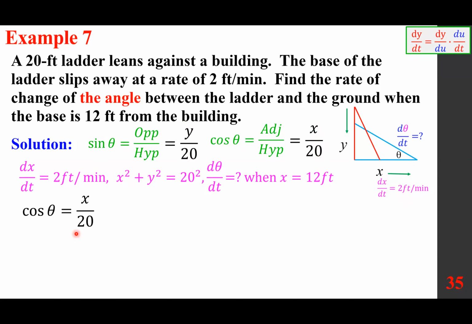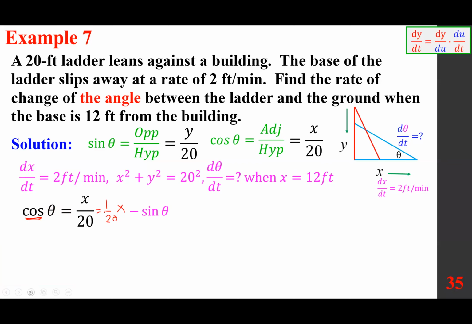And to make sure we understand what's going on, I'm going to rewrite this as 1 over 20 times x, although everybody knows that. But anyways, cosine, the answer is negative sine. Negative sine of what?